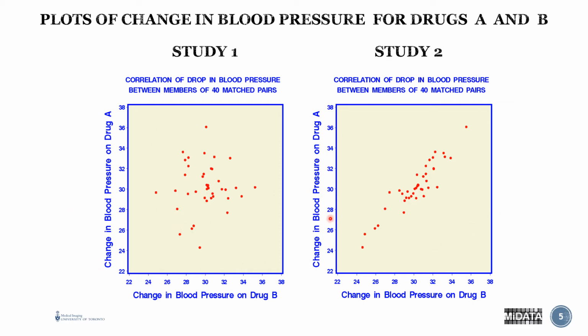Whereas when you look at study 2, there is this form of organized change between the 2 axes. In this one, it would appear that as you increase the drop in blood pressure in drug B, the drop in blood pressure on drug A also increases, and you get this kind of linear formation that's apparent in your data.